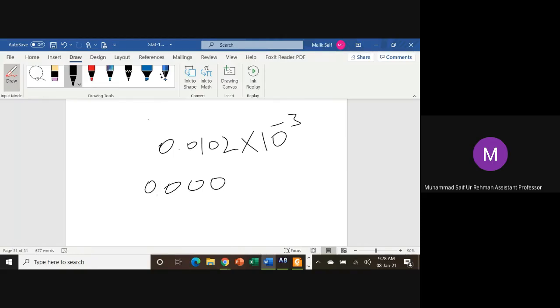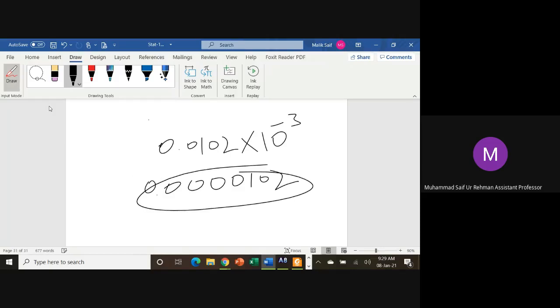For the first value that you are going to subtract from this 1, this point is there. Now 2 are remaining. So for the first value this is 0, for the second value this is 0, then this 0 comes, and then 1, 0, 2.